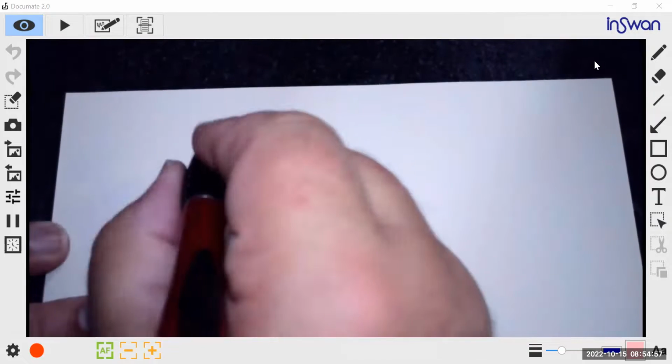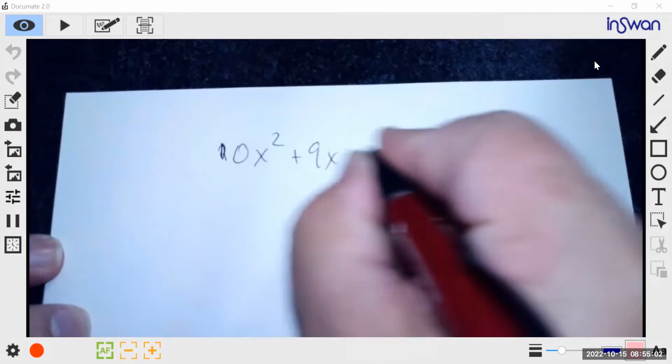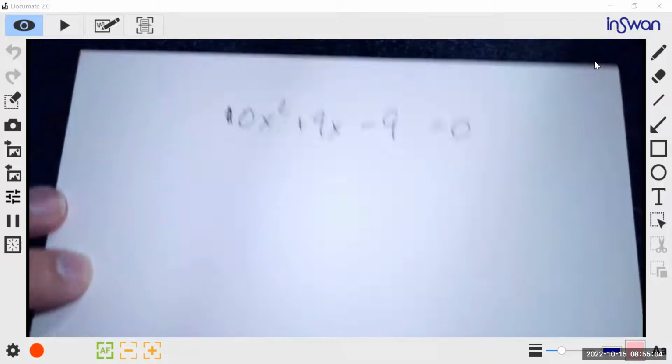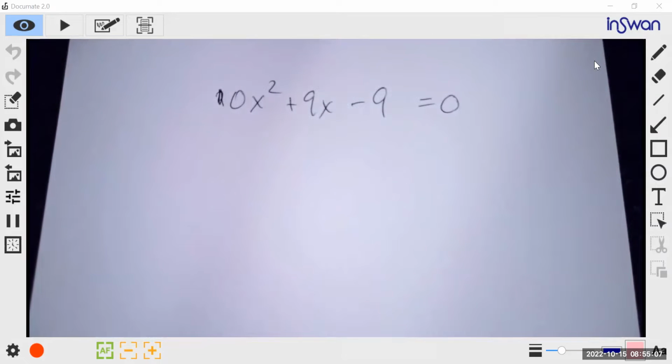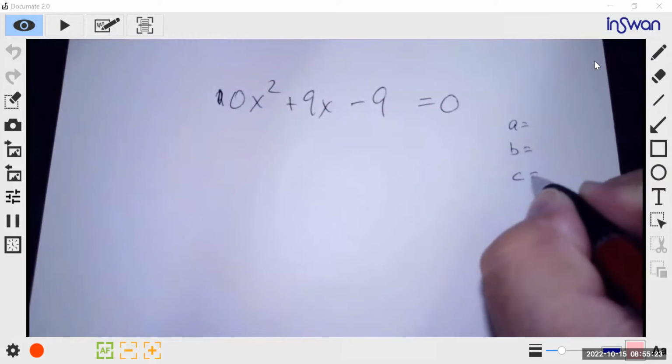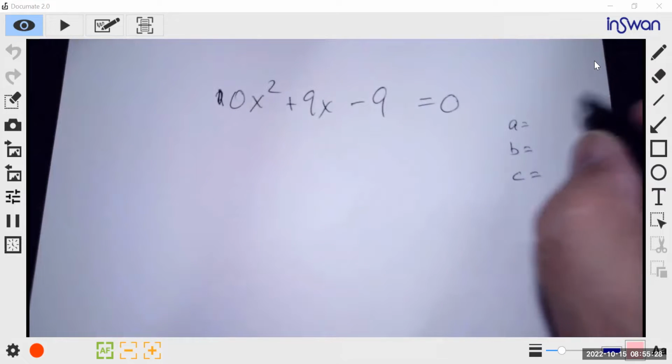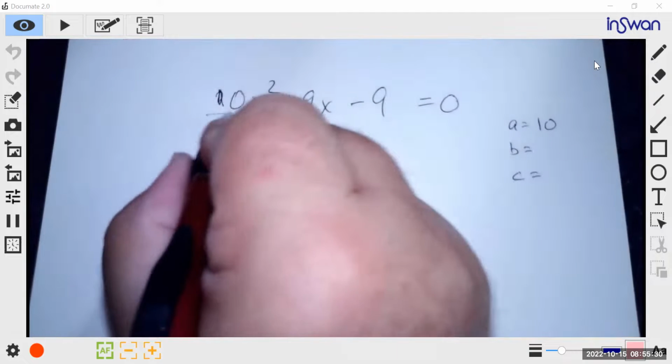Let's look at the second one we did. It was 10x squared plus 9x minus 9. First step is label A, B, and C. What's A? 10. It's whatever's in front of the x squared.